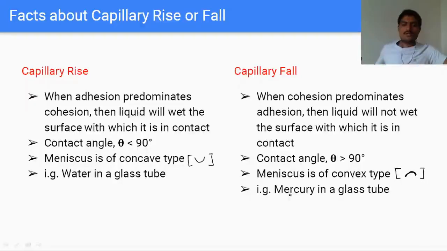We have discussed these terms in strength of materials also, concave and convex, that is positive sagging and hogging types of bending. So we can consider this as concave, and this as convex. Whenever there is a capillary rise, the meniscus will be of concave type, and here it is convex type meniscus in capillary fall.